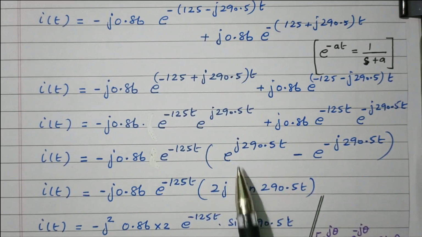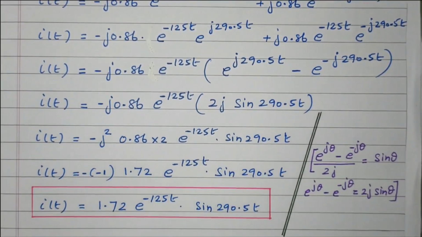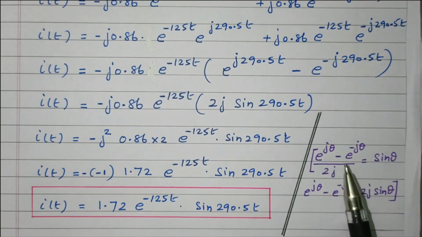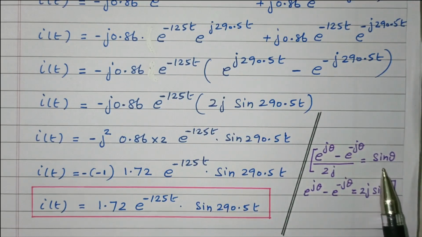So this term can be written as 2j sine 290.5t, based on the available expression: e power j theta minus e power minus j theta divided by 2j equal to sine theta. So this is the formula.